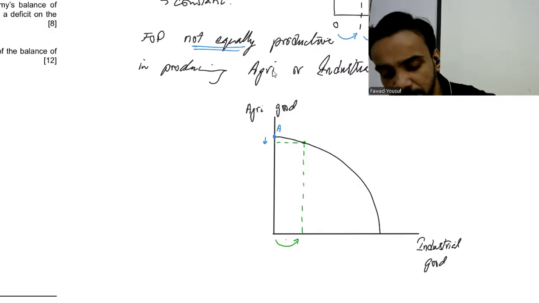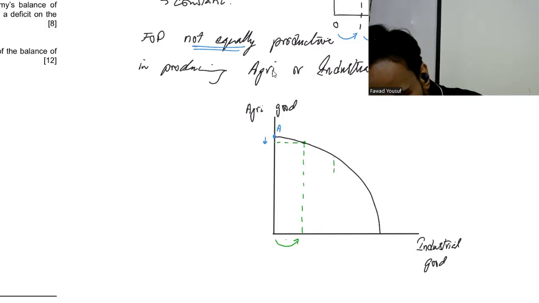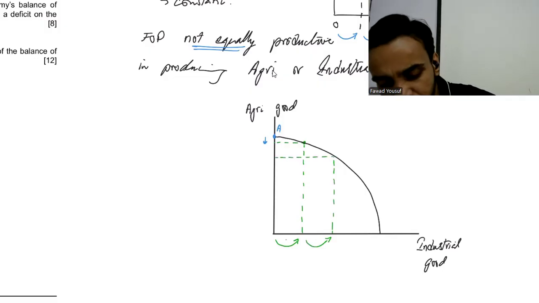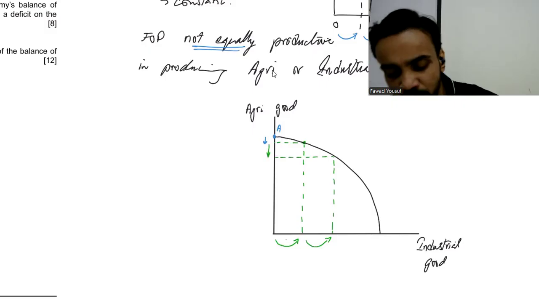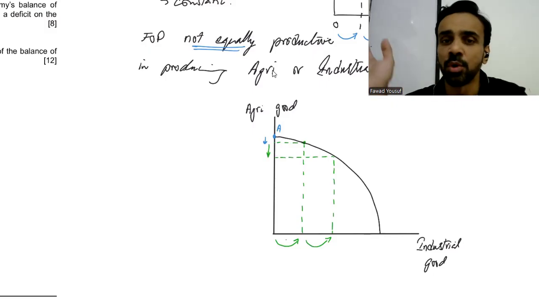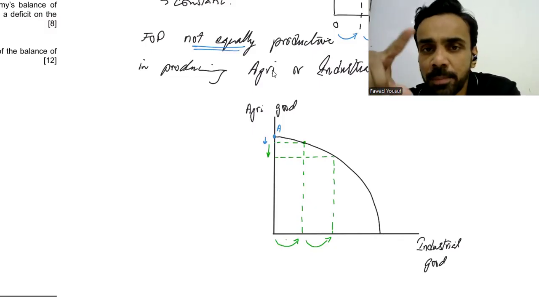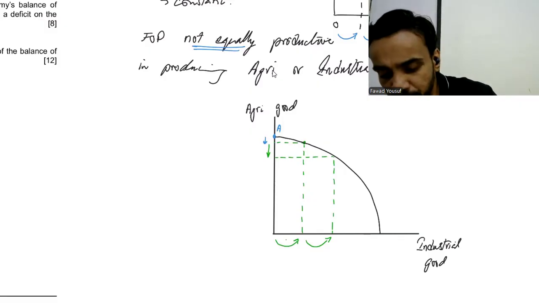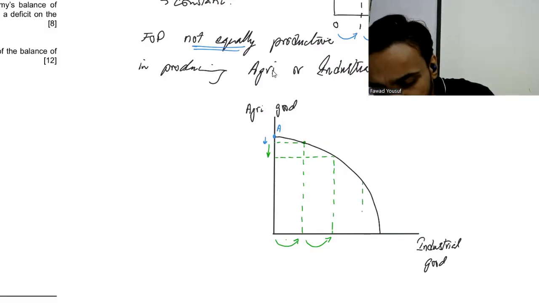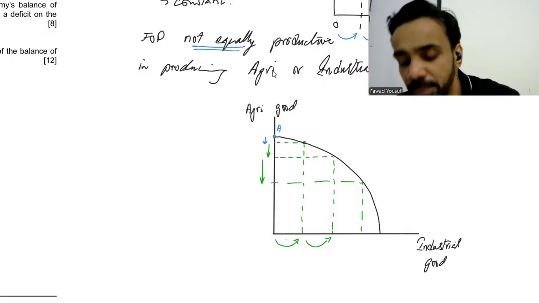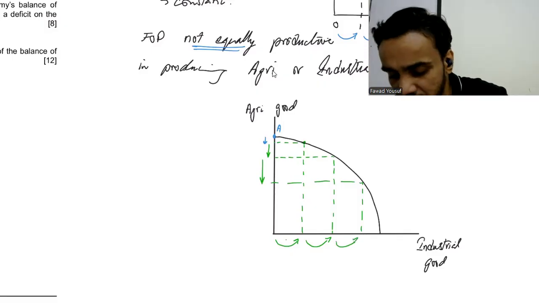Then what happens after that? Then when we want to send more resources towards industrial good, we send our second least suitable resource. So we have to give up more because the worst has already been sent. So agri has a small decrease. Then after that a bigger decrease will come. Then as you keep on doing this, our opportunity cost increases by even more because now important resources are being moved to the industrial.